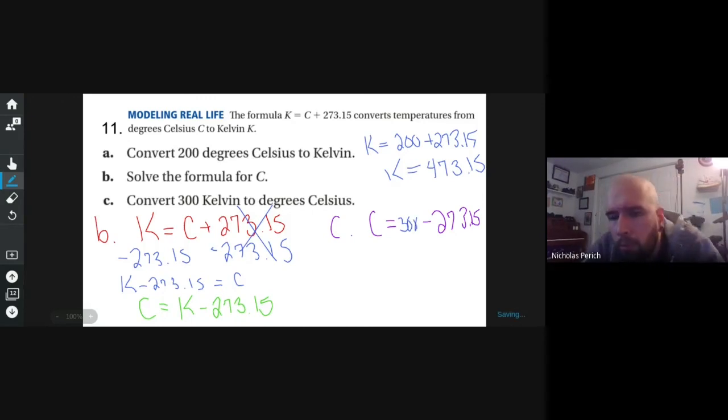Like the Spartans. 300 minus 273.15 is 26.85. I think that's it. Looks about right to me.